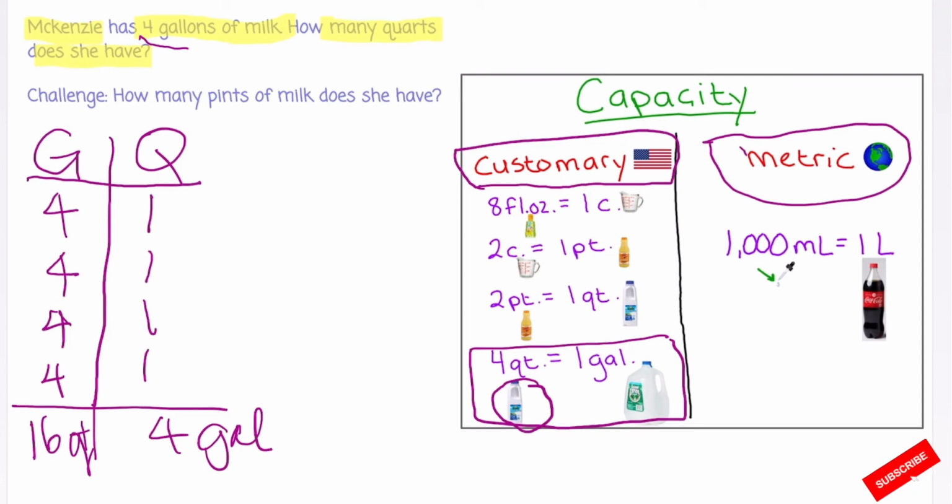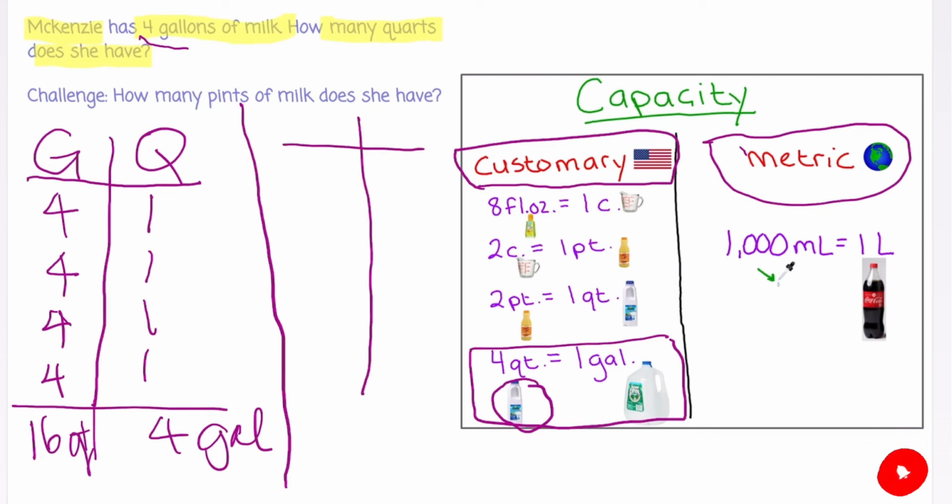Now, I'm in the mood to challenge myself today. So let's do some challenge. I'm going to draw a line to separate the page. And it says, how many pints of milk does she have? So if she has 4 gallons, and that gives me 16 quarts, how many pints would that be? So I'm going to go ahead and draw another T-chart.